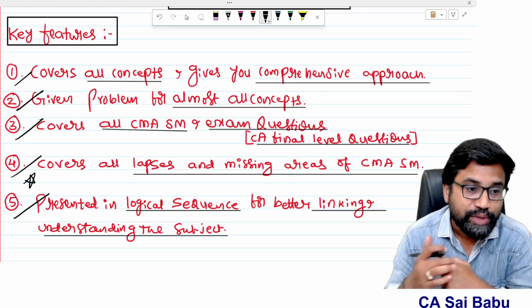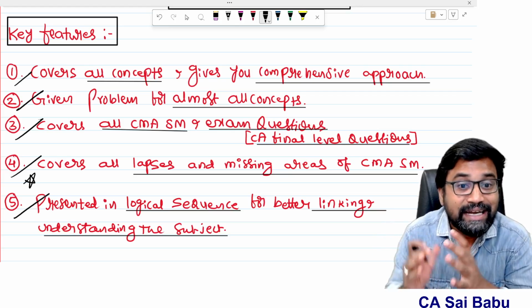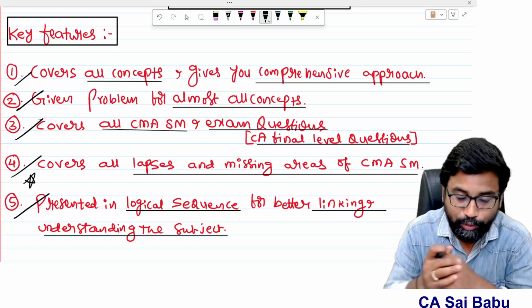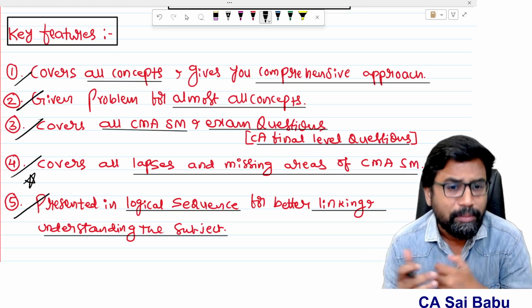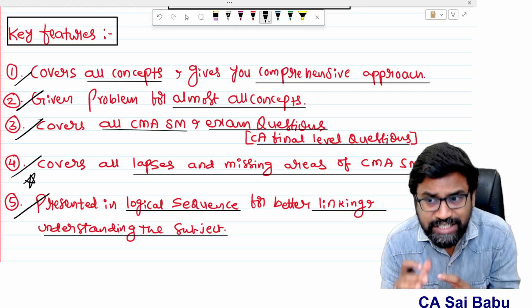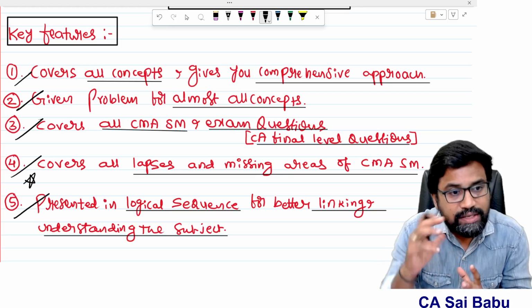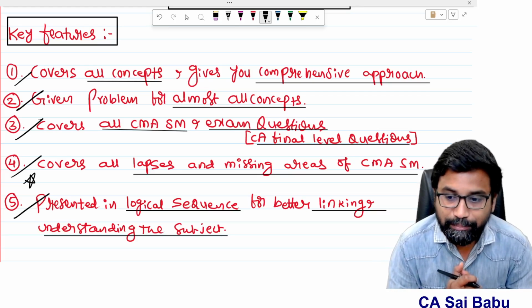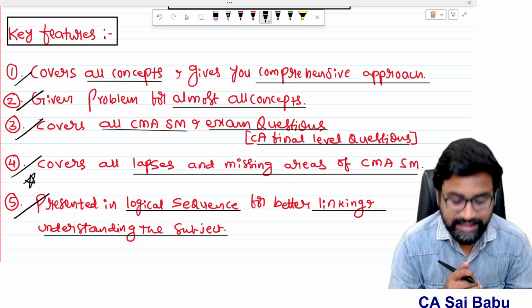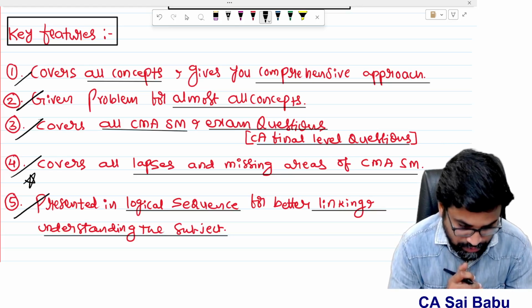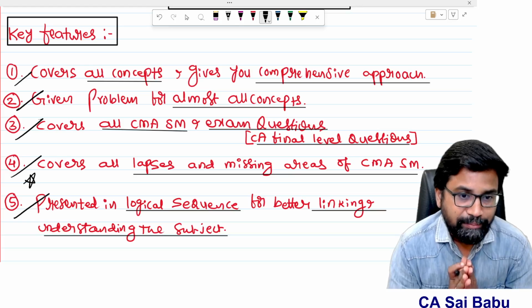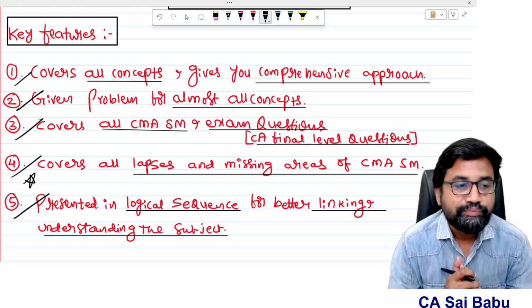Unfortunately, most students are not learning the standards and chapters in a proper manner. So I have tried to present the concepts in a logical sequence for better linking and understanding of the subject. So these are the unique features of my material which we are going to launch very soon.